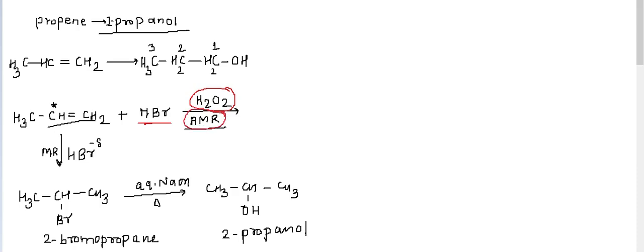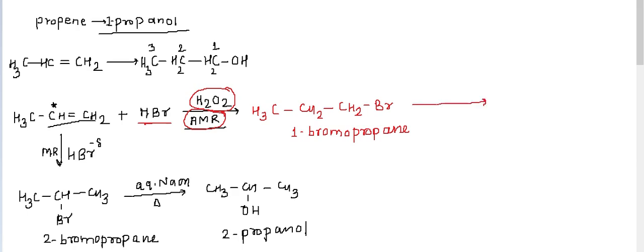So now I'm going to add this. Here the product is CH3, and this hydrogen will get added to this carbon. So CH3CH2CH2Br. So the product is 1-bromopropane.